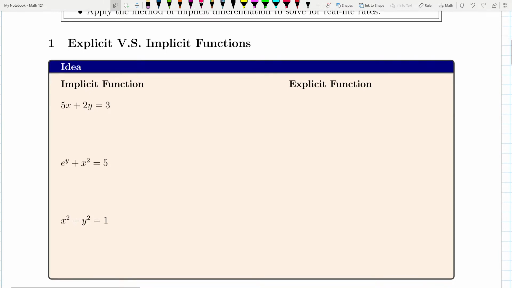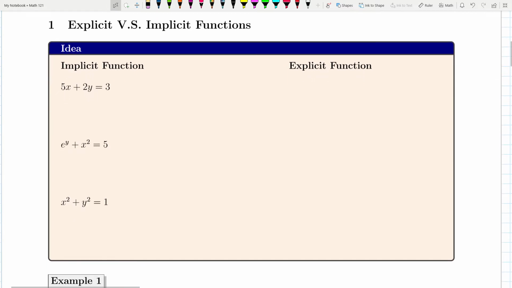For example, let's look at 5x plus 2y equals 3. Notice that this function is not solved for y. Let's see if we can write this implicit function into explicit form. In other words, let's see if we can solve for y.